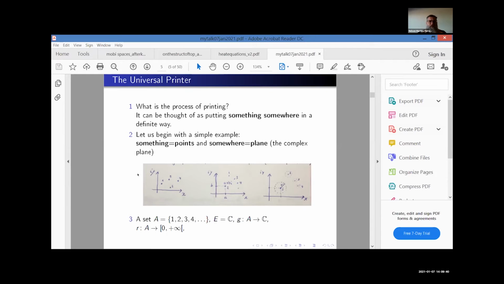So if we label the numbers 1, 2, 3, 4, etc., then G of any of such indexes, being a complex number, is its geometrical realization and gives the coordinates to that point. So if we are concerned with printing points, that's it.